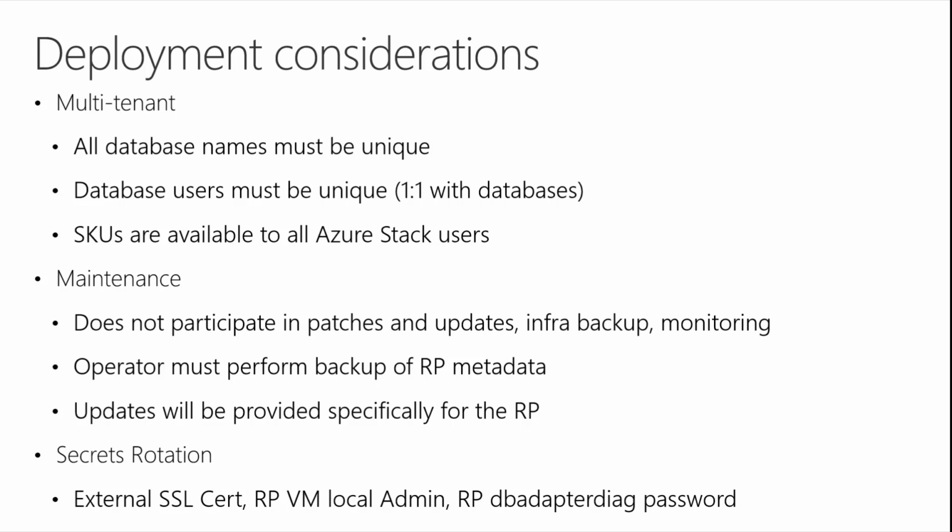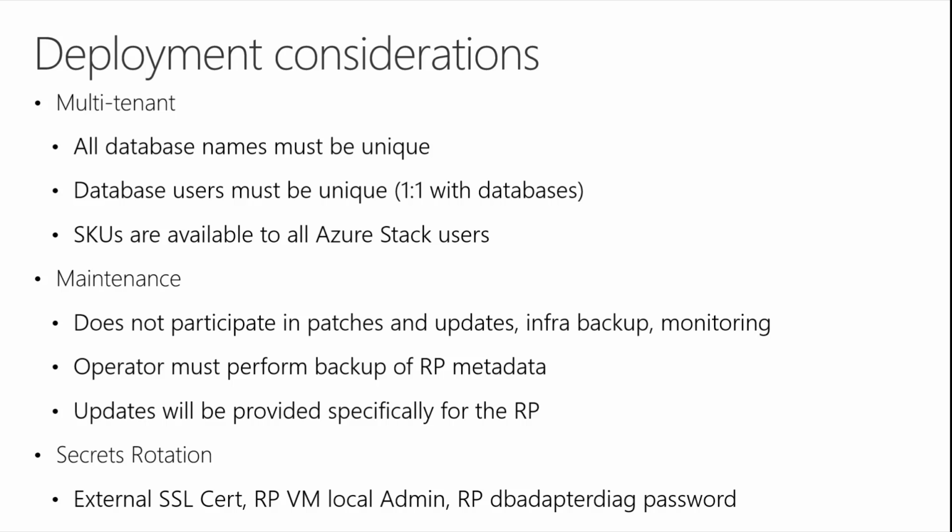So we have the external SSL certificate, and those were provided during deployment. We have the resource provider VM local administrator account password provided during deployment, and we saw that in the scripts as far as the parameters you can define.